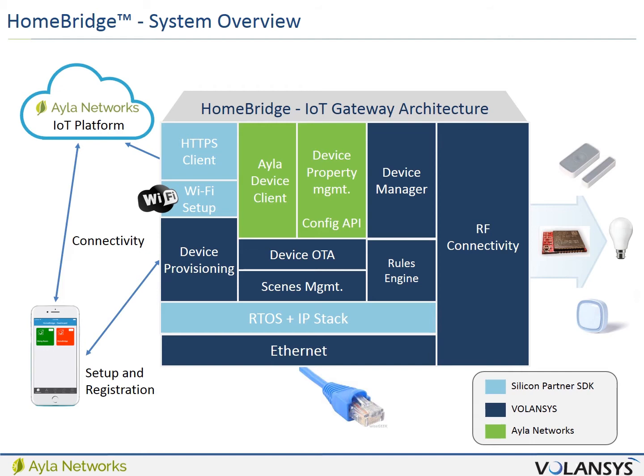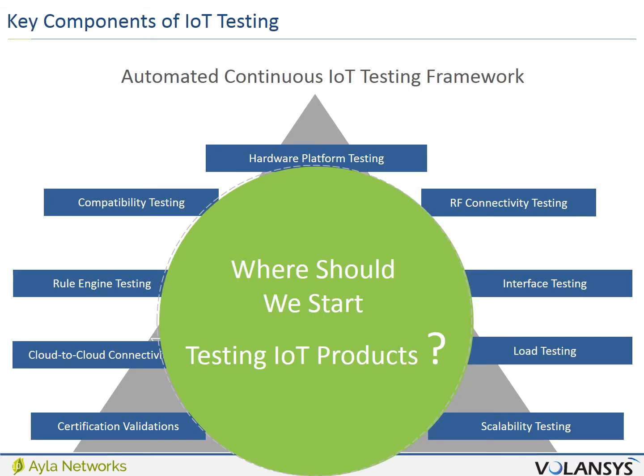Moving to the next slide. In the era of IoT, we have three larger components: edge devices, cloud platform, and mobile apps. For a quality IoT product, we need comprehensive testing of each of these components. For example, we need to test RF connectivity, and load and scalability testing needs to be done.